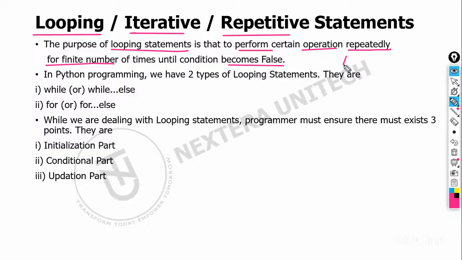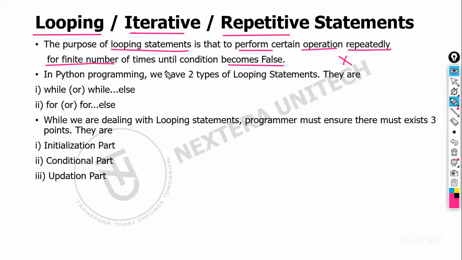But if you take a conditional statement, a selection statement, will it allow us to perform the same operation multiple times, a finite number of times? No. The purpose of using a conditional statement is they help us to perform a certain operation, yes, but only for once.